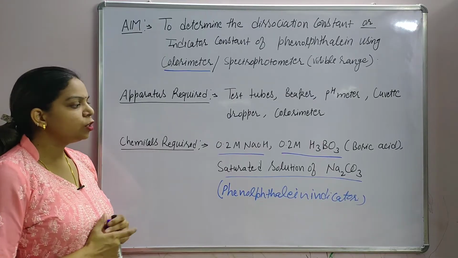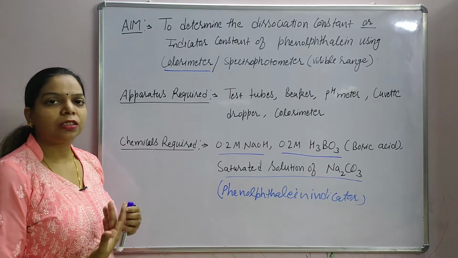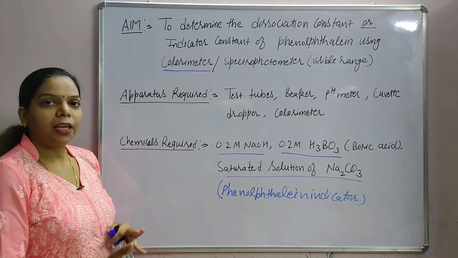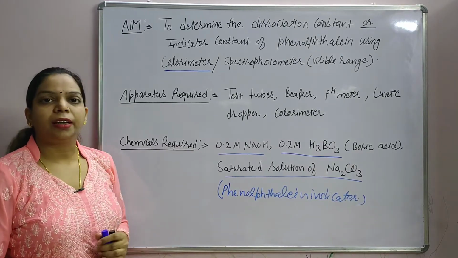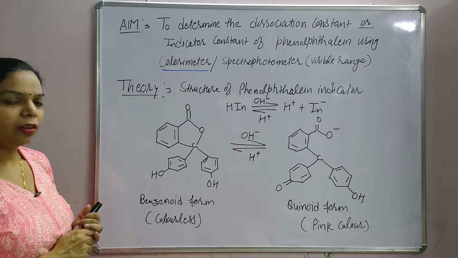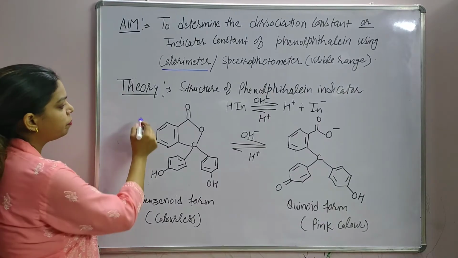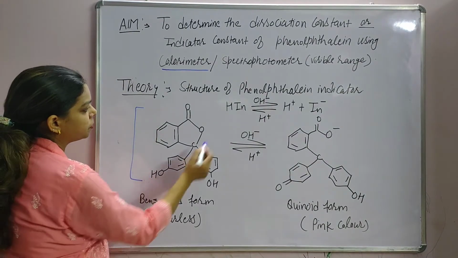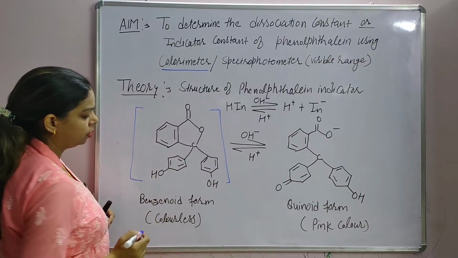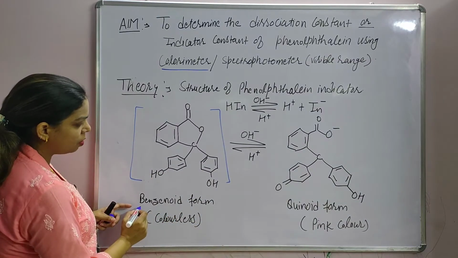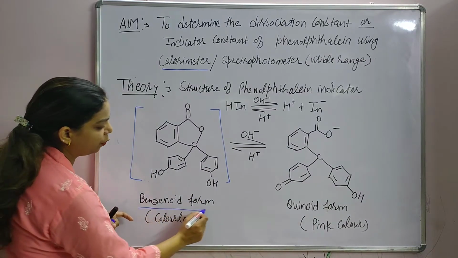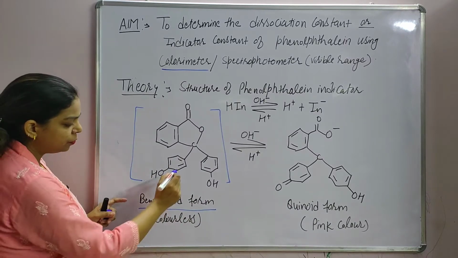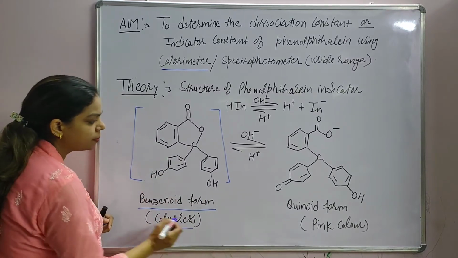So before going to the procedure, let's see what is the theory behind the indicator, especially this phenolphthalein indicator. Here is the structure of phenolphthalein. This form is called the benzenoid form, and this form of phenolphthalein is colorless.